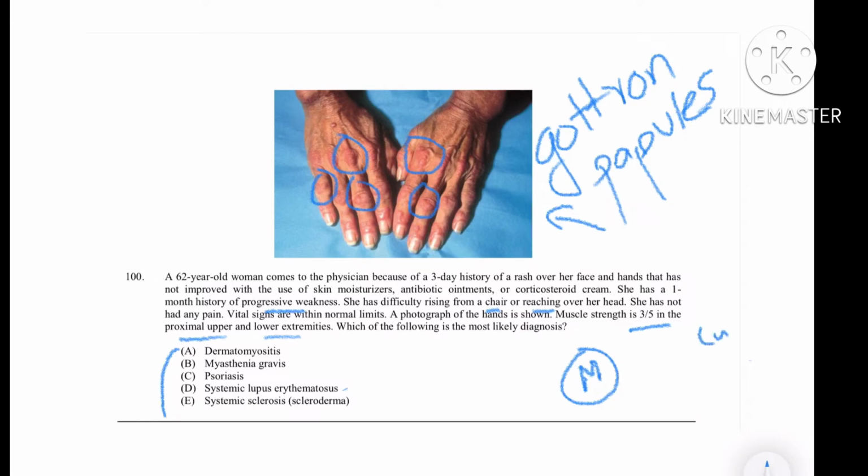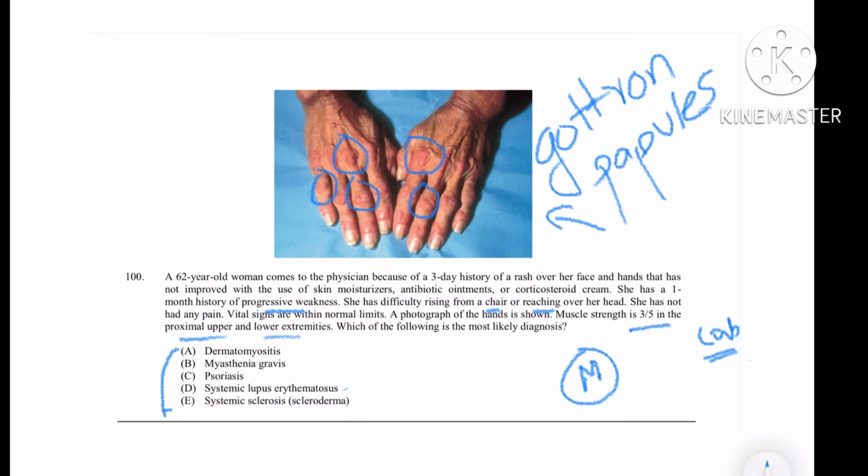There is no lab finding given. All these diseases have some relation with muscle weakness, but one of them is more related to the finding in the image and the question itself.